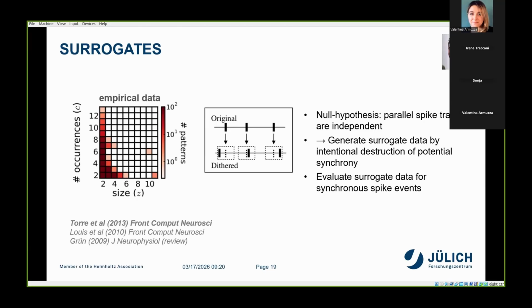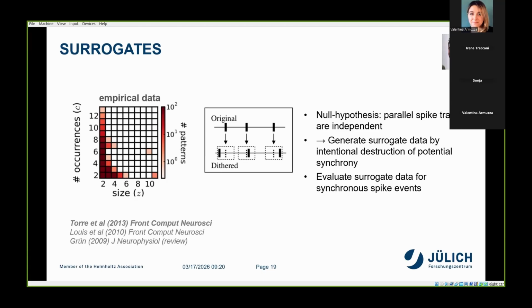We made a lot of studies on the surrogates. I will not talk about this, but it's an issue in itself to have the appropriate surrogate. Here, we dither the individual spike trains, and then we evaluate these surrogate spike trains the same way as the original data.